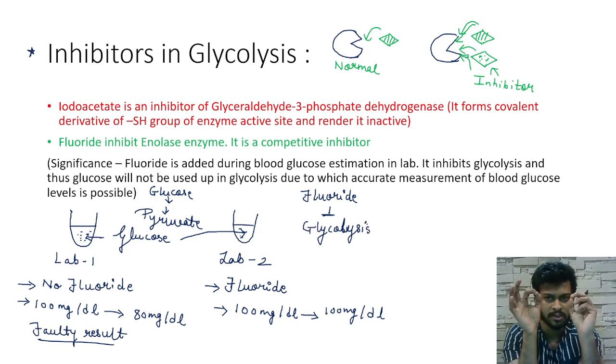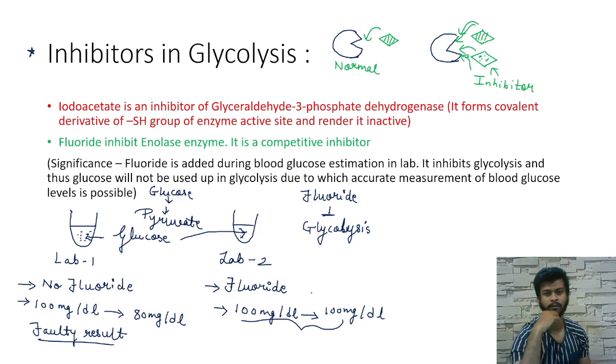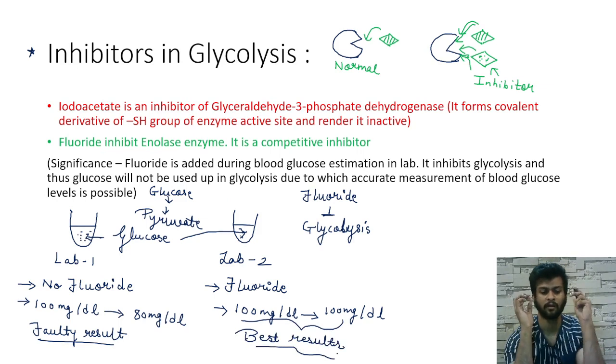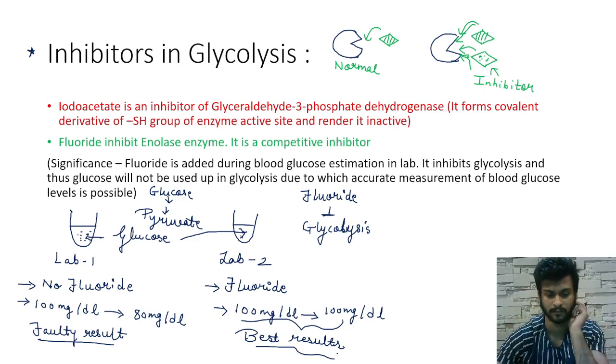If glycolysis is inhibited, glucose will not get used up in the glycolysis pathway. So that's why there will be accurate measurement of blood glucose levels in lab 2. The results will be best. Now I think you have understood the significance of fluoride.